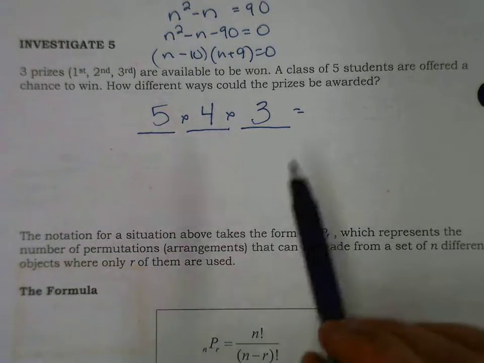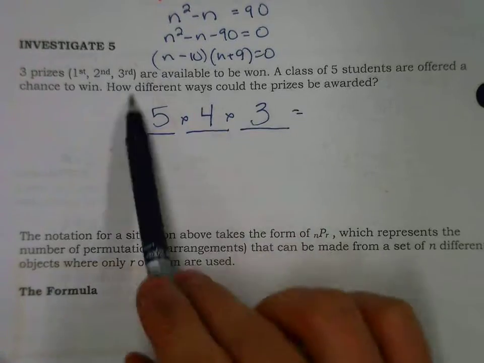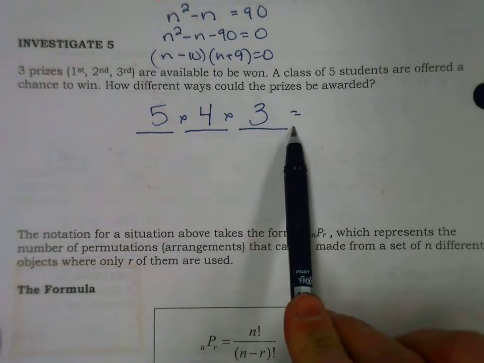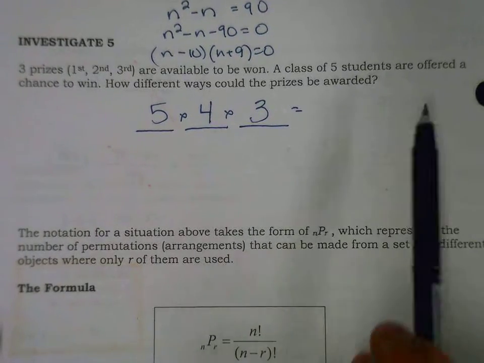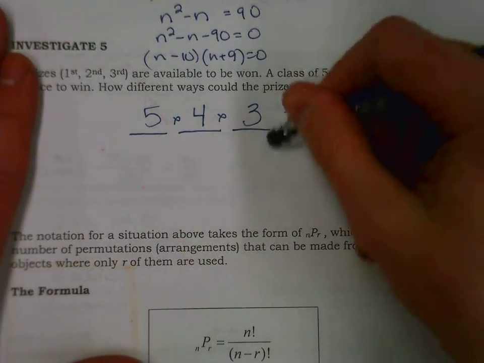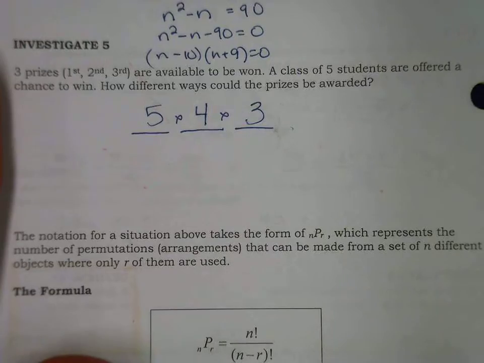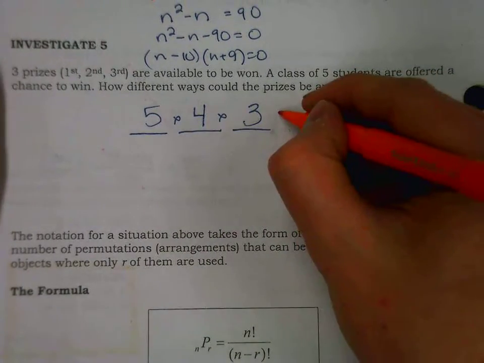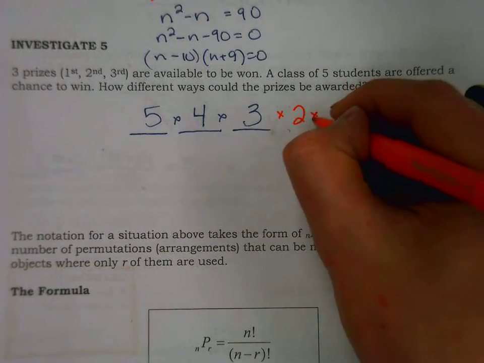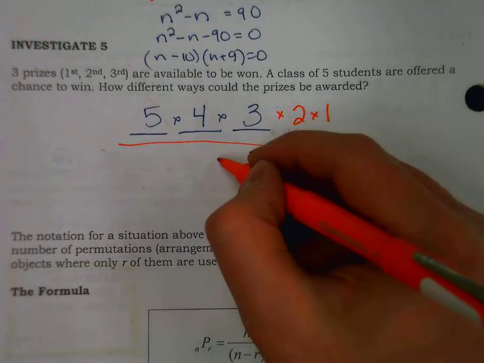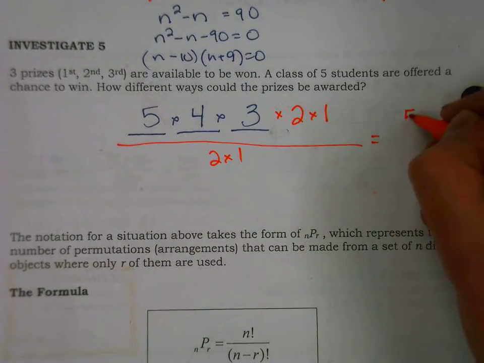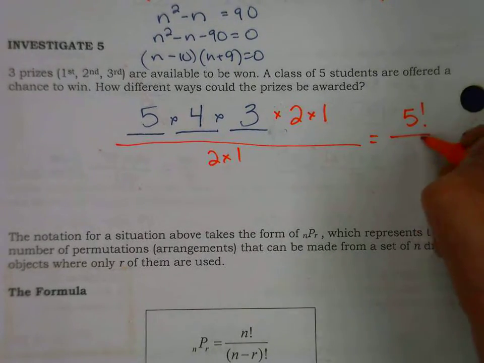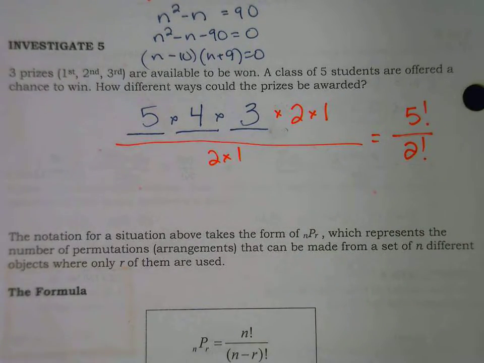Now, with this type of logic, the challenge is that I can't use the factorial button anymore because 5, 4, 3 is missing the 2 and the 1. So a little bit of creativity might tell us that, technically, if I were to continue a times 2, 1, and then make sure mathematically it's sound by dividing by a 2 and a 1, I technically should be able to write 5 factorial divided by 2 factorial, and then at least I can use that button press on my calculator.